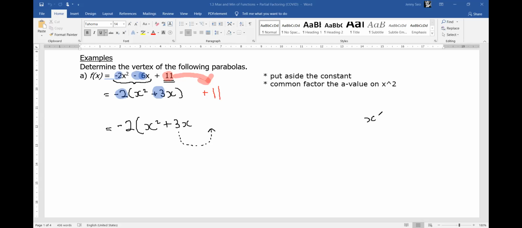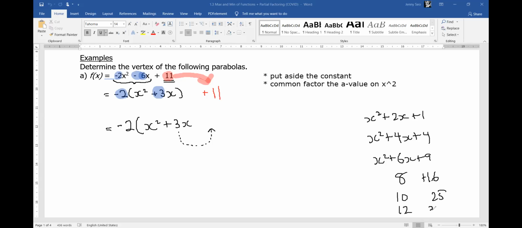I shouldn't have erased it, but in all the examples that I showed you, take a look at the relationship between the middle coefficient and the last one: 2 versus 1, 4 versus 4, 6 versus 9, 8 and 16, 10 and 25, 12 and 36. What is the pattern? Divide by 2 and square.